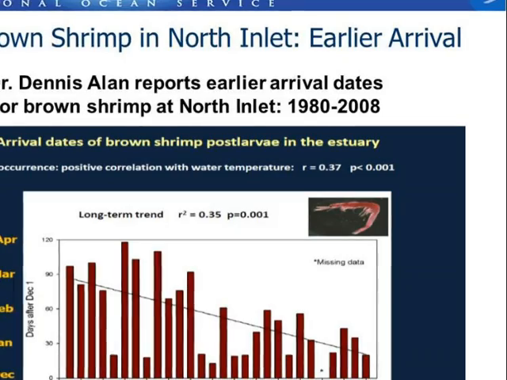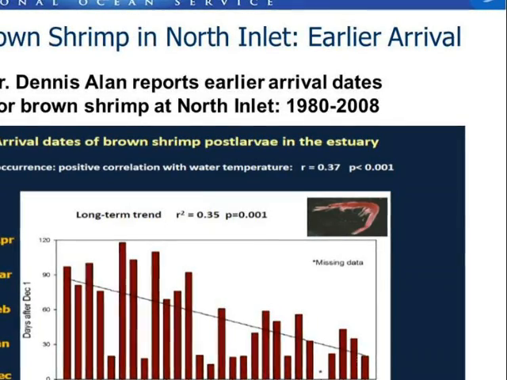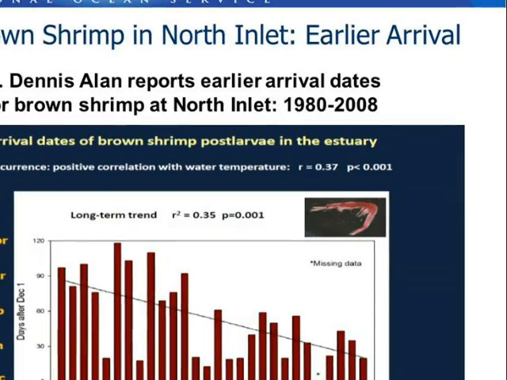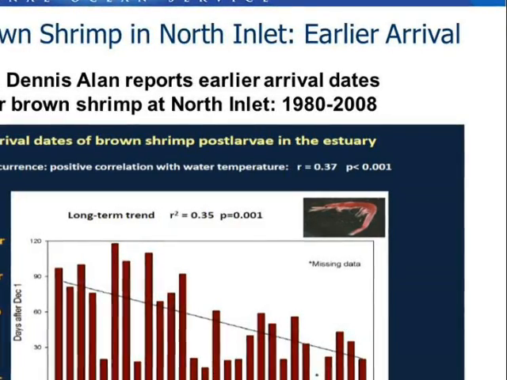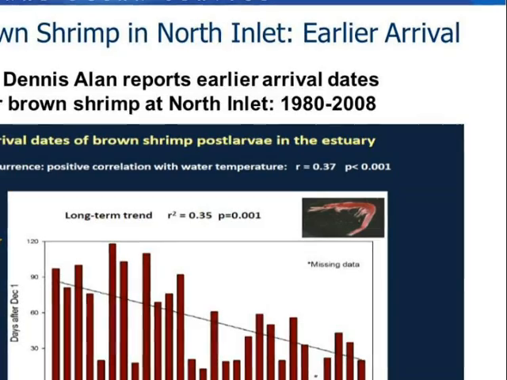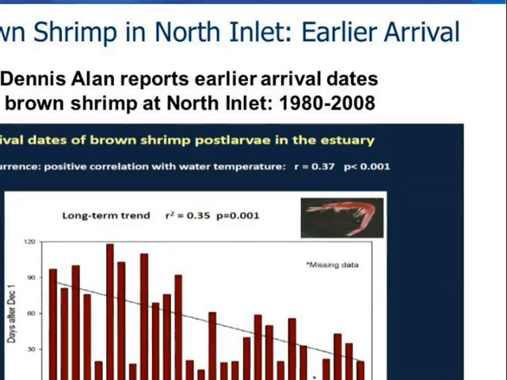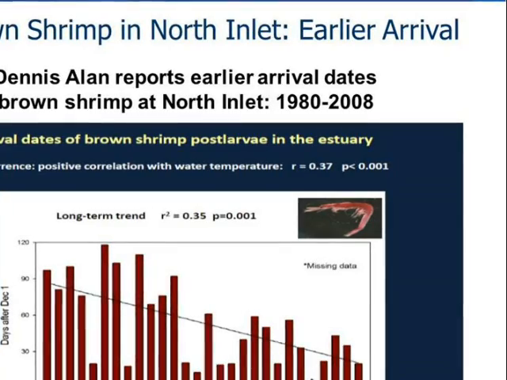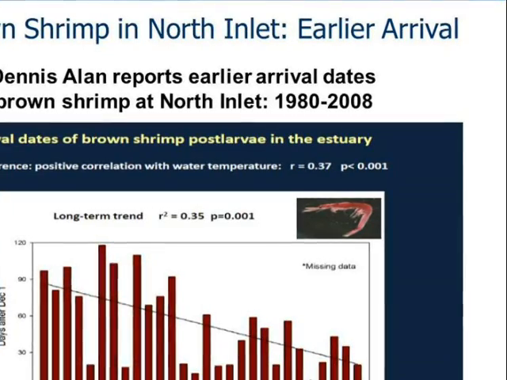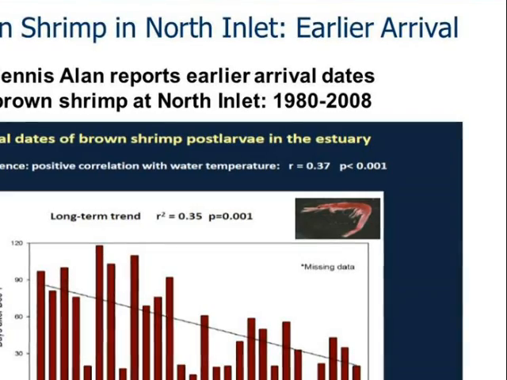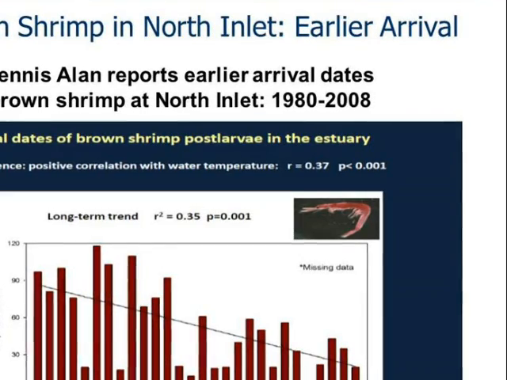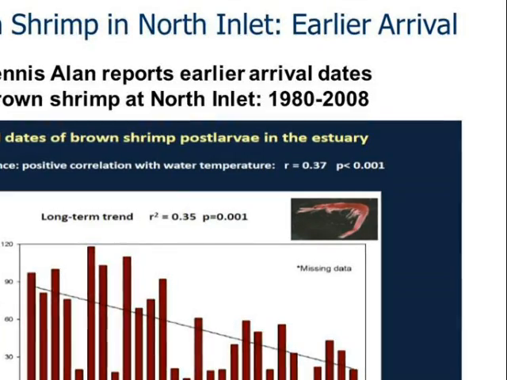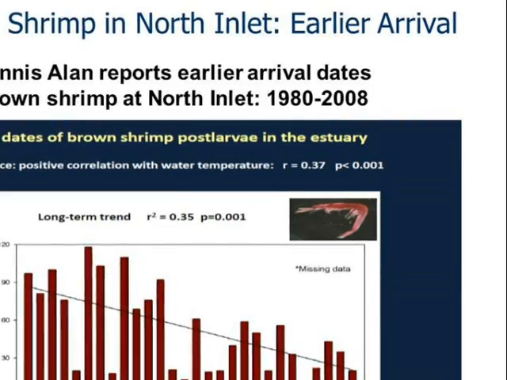Now, why is that such a big deal? Well, again, what are the intermediate hosts for the Vibrios? The Penaeid shrimp, the crustaceans. The Vibrios complex with the chitin in the exoskeleton of shrimp and crabs. So having the vectors present year-round as opposed to only in the warmer months of the year, which used to be the case, dramatically changes the ecology of Vibrio infections as we move forward into the future.